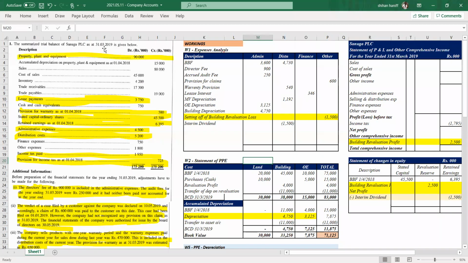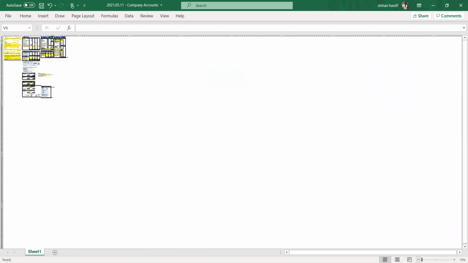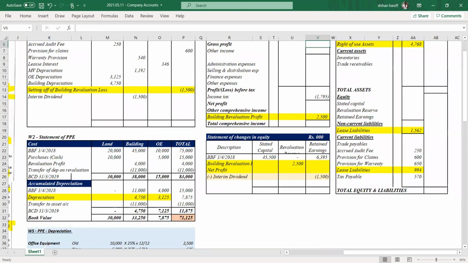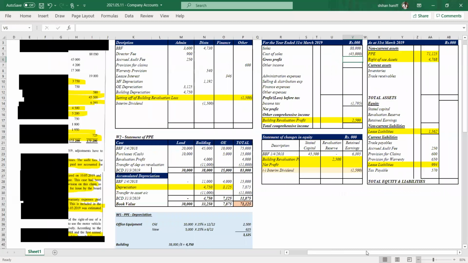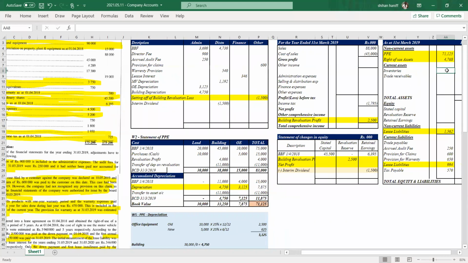Now PPE we took, accumulated depreciation also we took. The other balances, let's record in the relevant places. Sales 88,000. Cost of sales 45,000. Inventory 4,200.